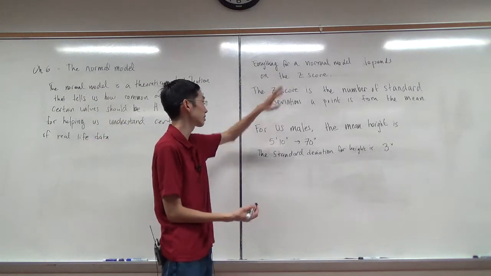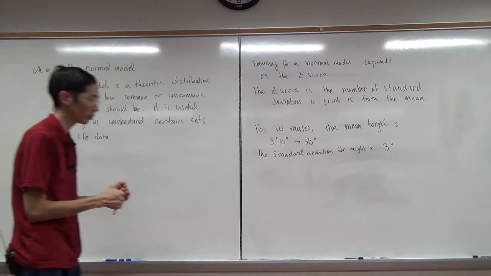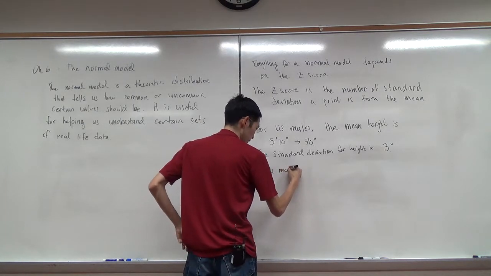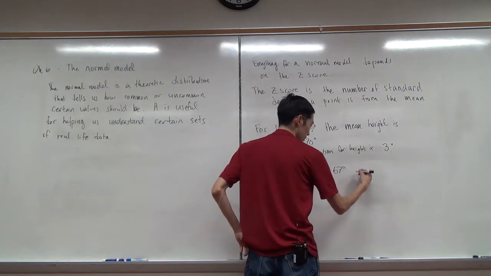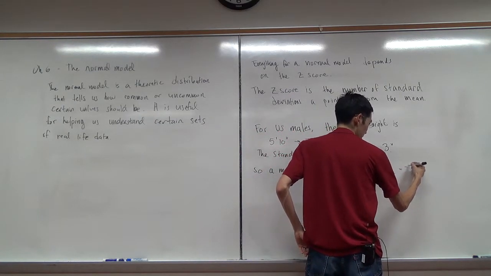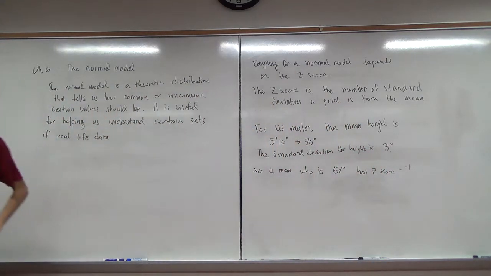So I guess a z-score is signed in that if it's above the mean, it will be positive. If it's below the mean, it will be negative. So a man who is 67 inches has z-score negative 1. Fair enough? Okay, and everything in between.